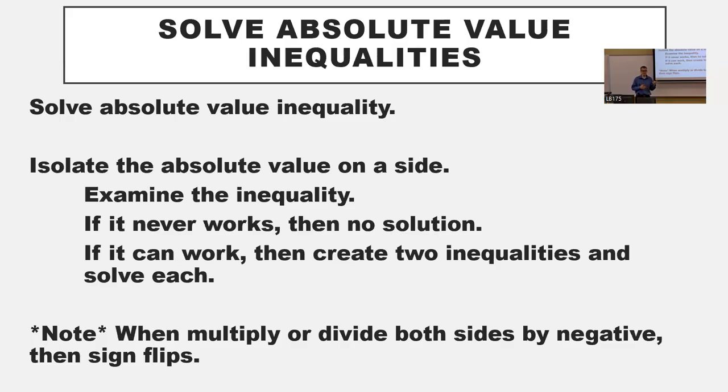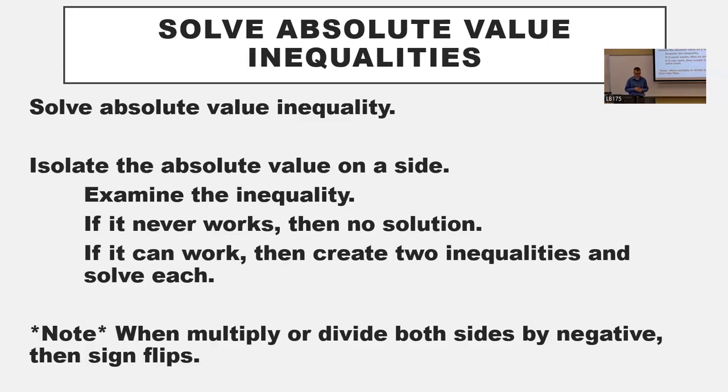For these types, there's obviously more complex types of absolute value questions, but for the types we're going to look at, we're going to have variable inside the absolute value. And that's the only place the variable is going to be. So we're going to isolate the absolute value on one side of the equation. And then we look at the inequality. If there's nothing that works, we say there's no solution. If there are things that work, then we break it into two different pieces.